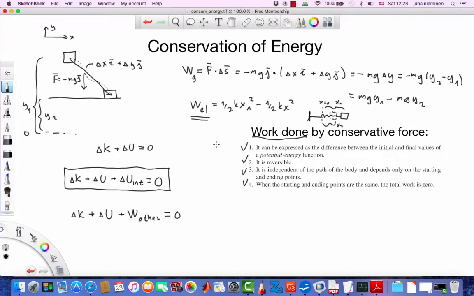And if you write this out using these gravitational and elastic potential energy terms, we can do it in the following way.